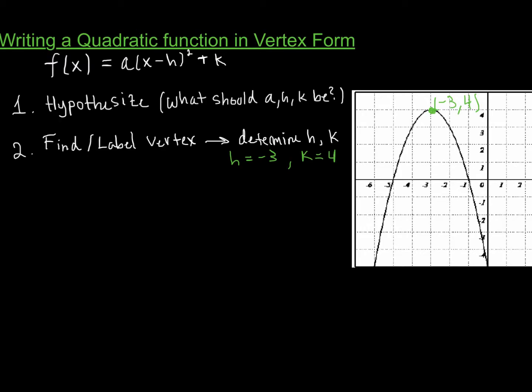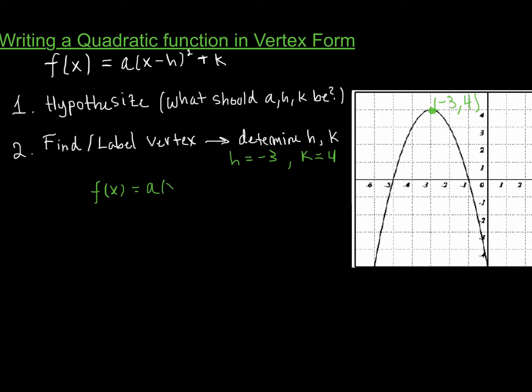Once I've determined them, I always want to input them into my function to see what I've got so far. So at this point, I have the function f of x is equal to, I don't know what a is yet, but I already know what h and k are, so I should be off to a pretty solid start.